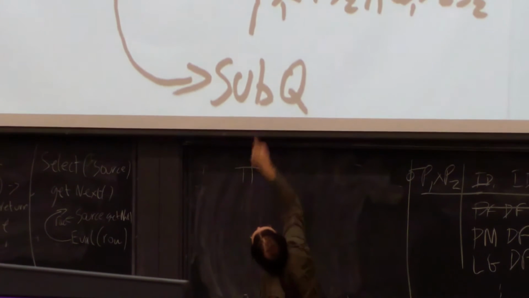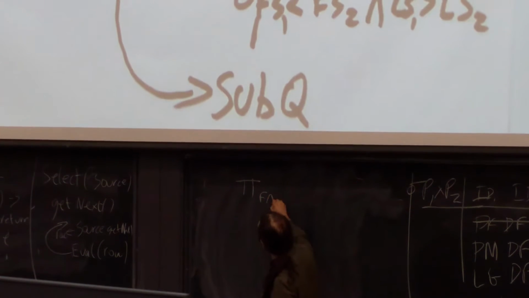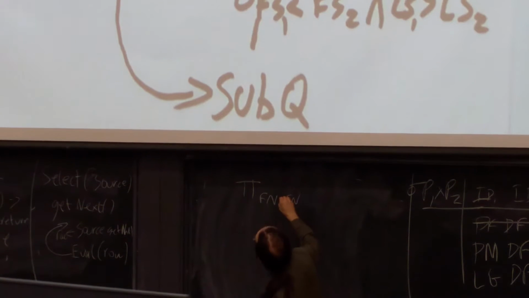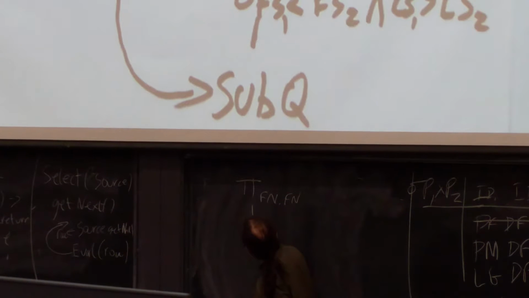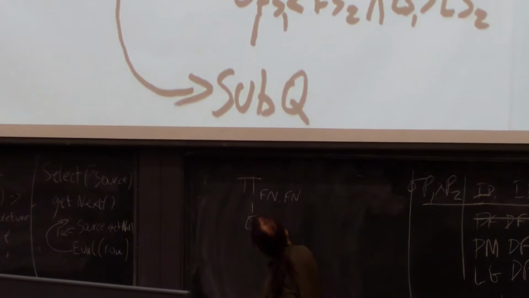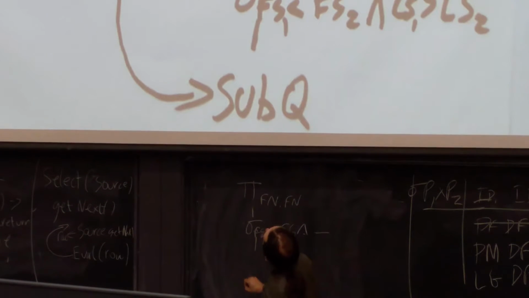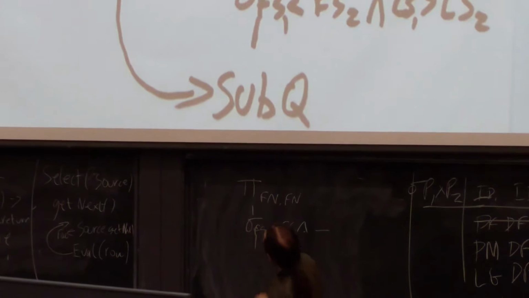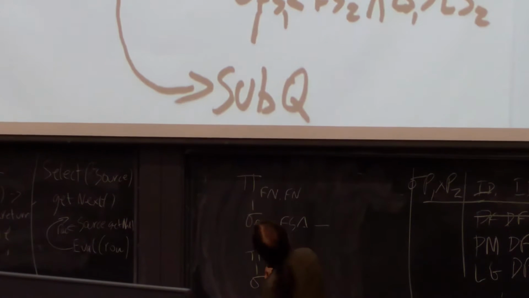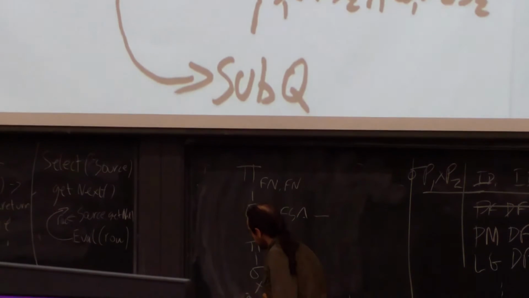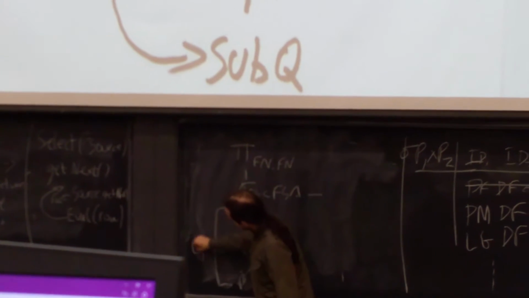What I'll end up with is the projection of first name, the selection of per season, and then I have my subquery, which is another projection, another selection, and then the cross product of players with players.